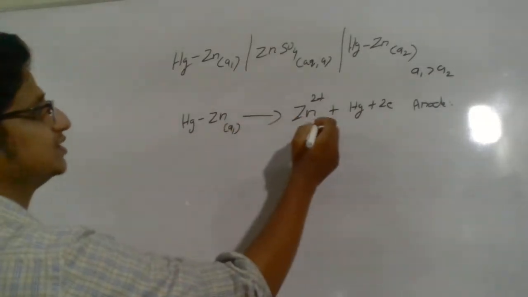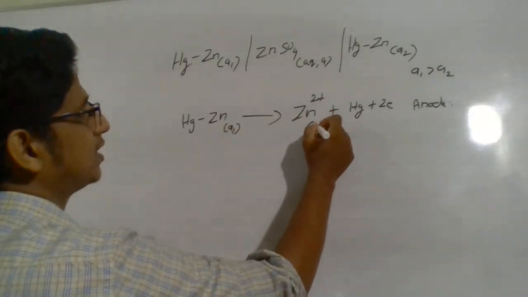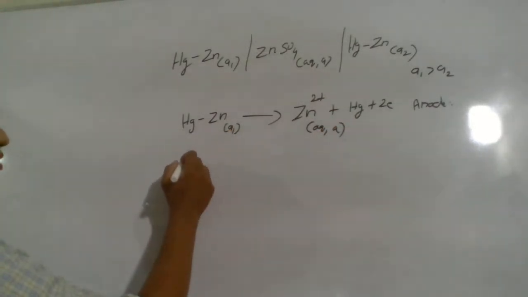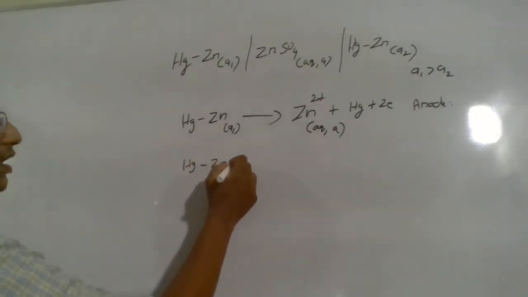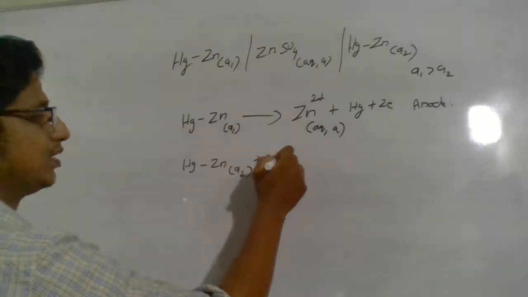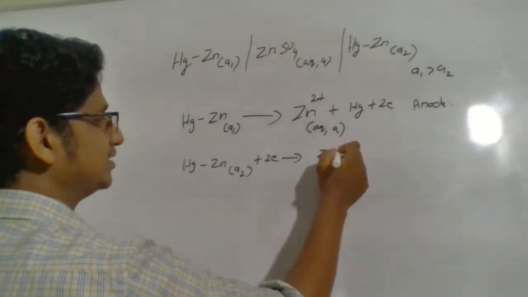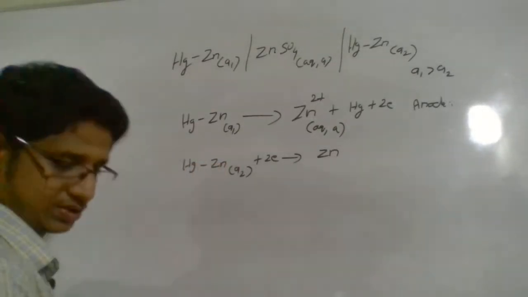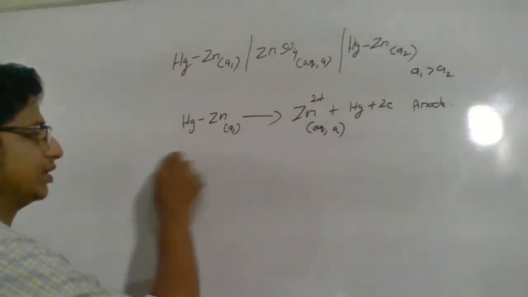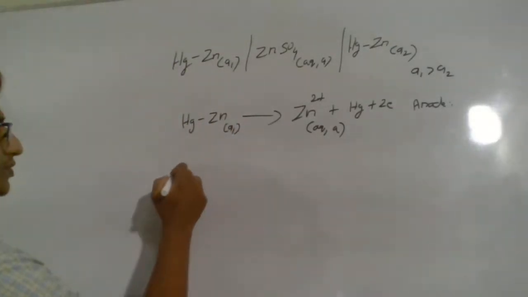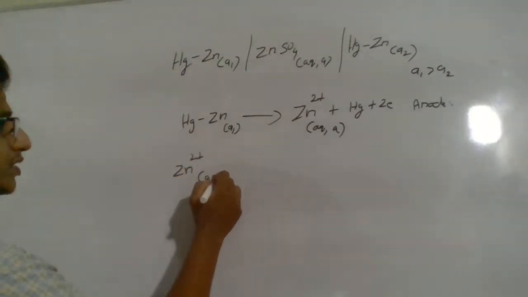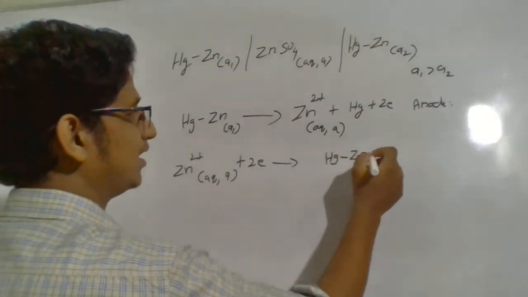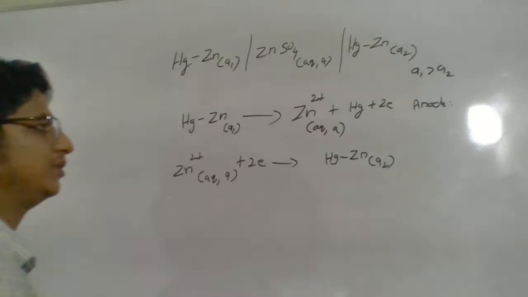At the cathode, reduction takes place. Zn2+ aqueous (A) plus 2 electrons plus Hg gives HgZn(A2). This will be the cathode reaction.